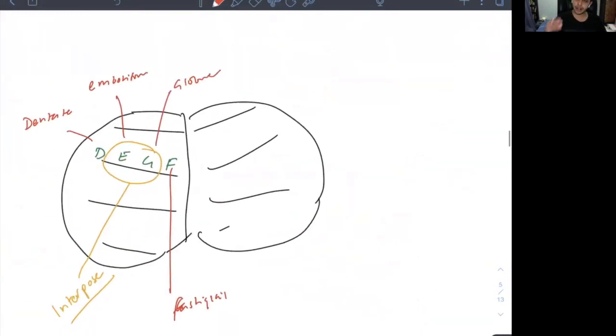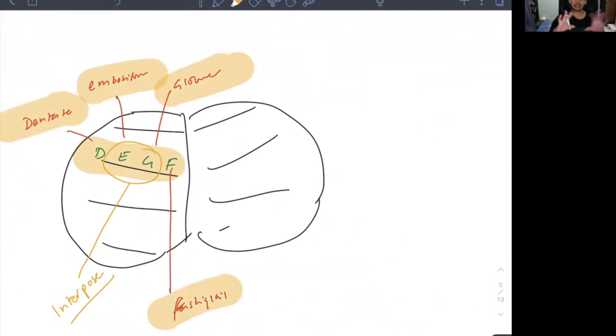And there are nuclei inside the cerebellum. So it's just important to know this. There are the deep nuclei, which are called dentate, emboliform, globose, and fastigial.